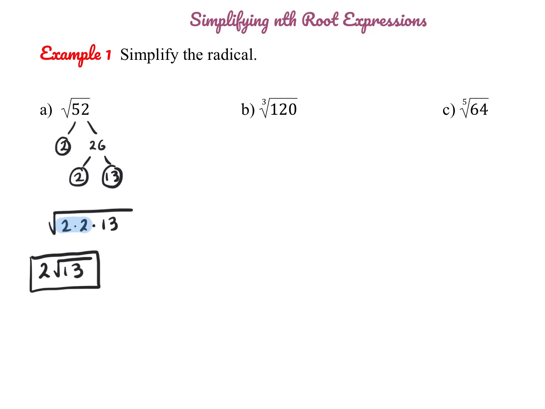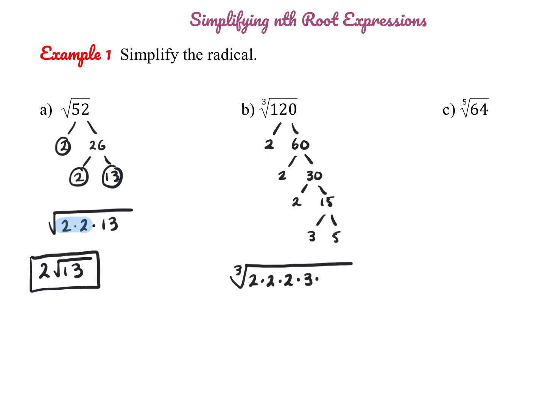Now for a cube root, we're going to be looking for groups of 3 to be able to simplify, or perfect cubes. So I'm going to start with my factor tree, 2 times 60, 2 times 30, 2 times 15, and then we know this is 3 times 5. So those are our prime factors. So I'm going to list them out, 2 times 2 times 2 times 3 times 5.